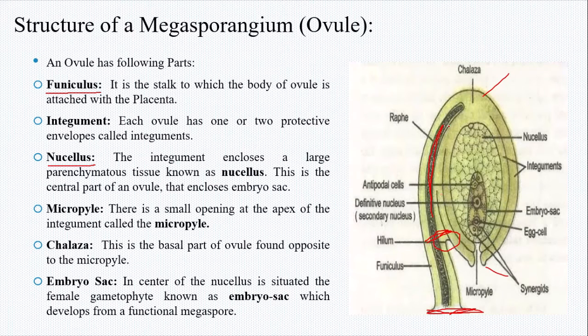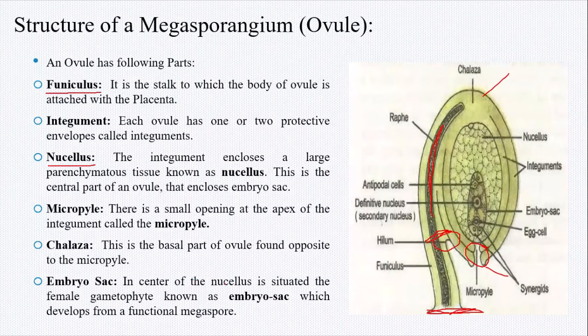The integument surrounds the nucellus all around, but at one single place it does not surround and keeps its tip open, and this open tip or small opening is the apex of the integument, and it is termed the micropyle, while opposite of the micropyle is the portion which is called the chalaza. The spelling is CHALAZA, so sometimes it is also pronounced like chalaja, but it is the chalaza.